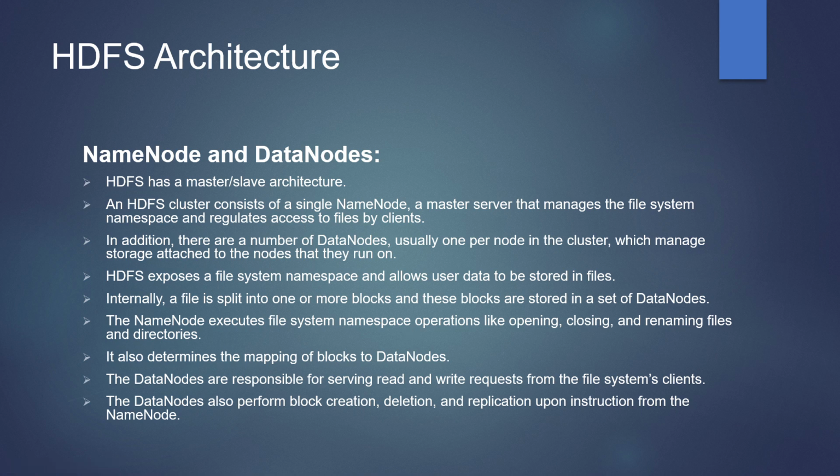The name node executes file system namespace operations like opening, closing, and renaming files and directories. It also determines the mapping of blocks to data nodes.